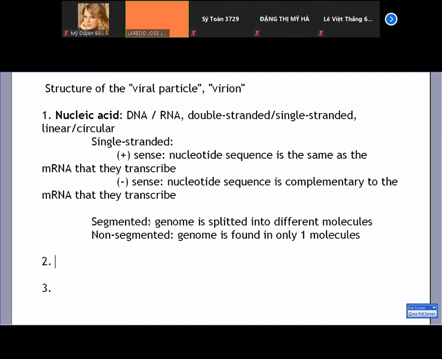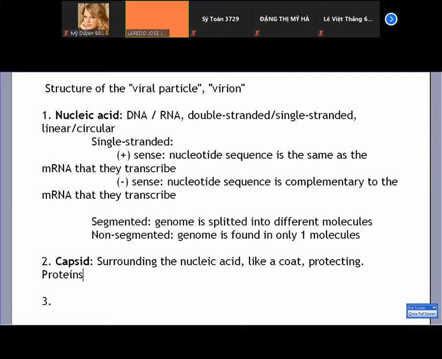Second part of the virion, the capsid. What is the capsid? The capsid is surrounding the nucleic acid, like a coat, protecting the nucleic acid. The capsid is made of proteins, very small proteins called capsomers.